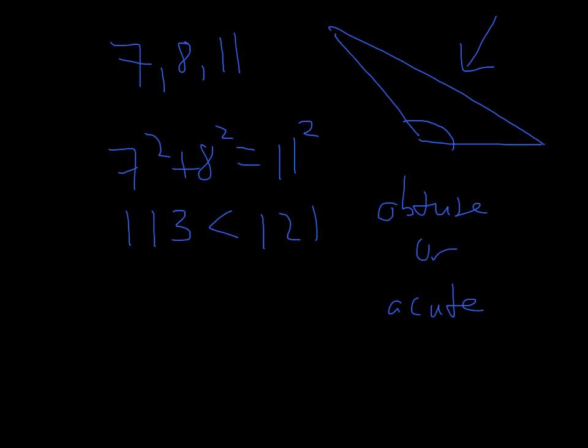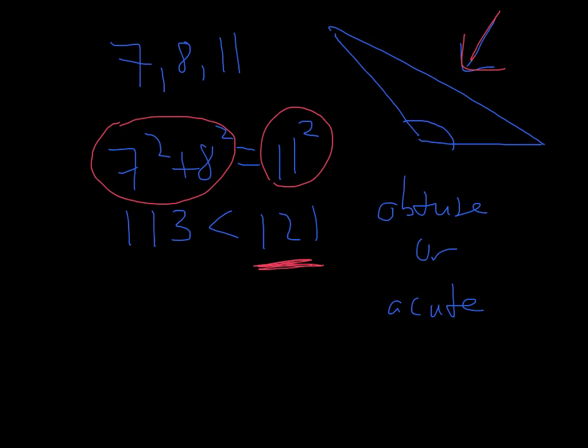So you have to think, if one side by itself, when it's squared, is bigger than the sum of the other two sides squared, well, I think that means this one by itself dominates, so that side must be stretched out. So, in this case, since the single one squared is larger than the sum of the other two squareds, therefore it must be an obtuse triangle.